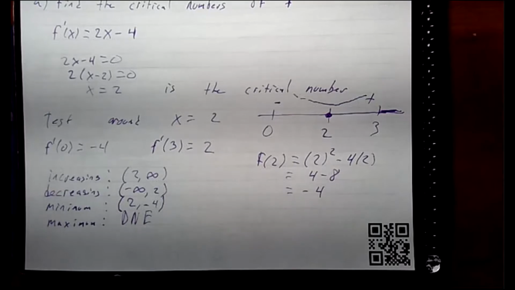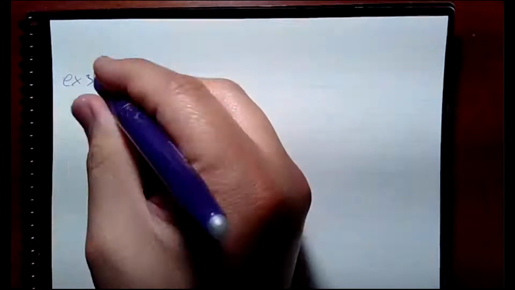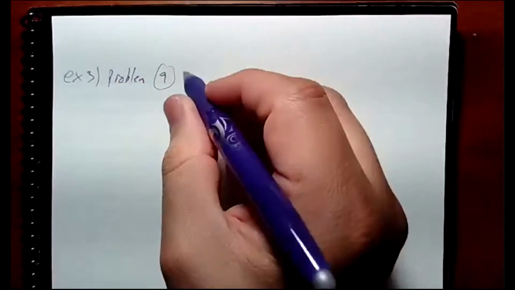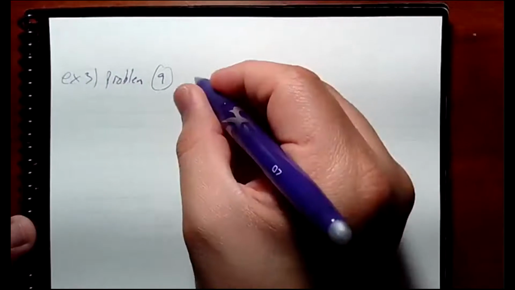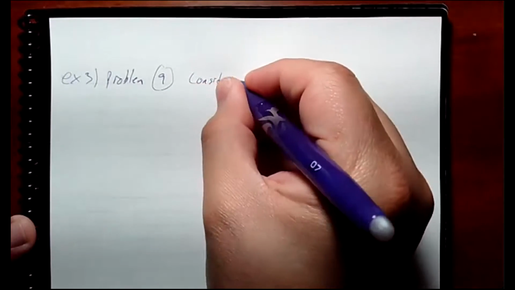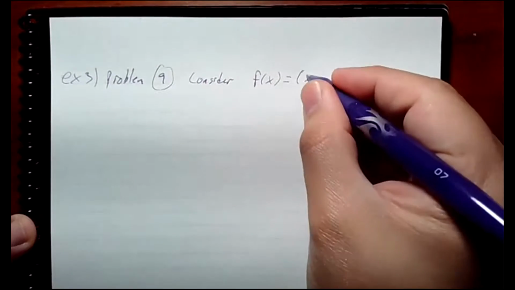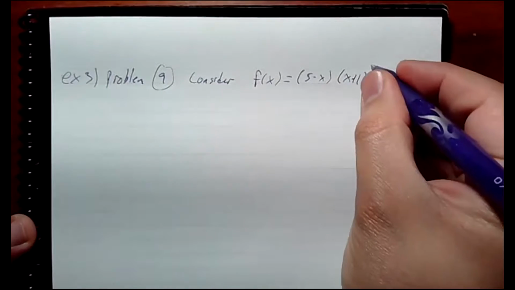Sample 3. This is problem 9. Consider this function: 5 minus x times x plus 1 squared.